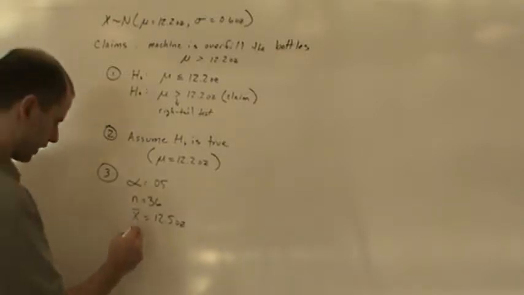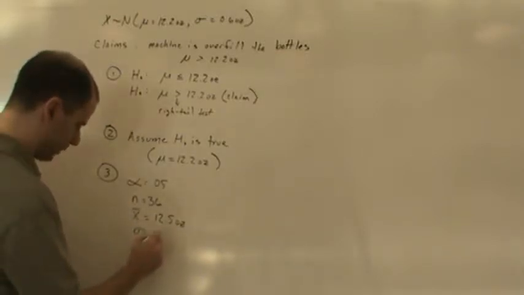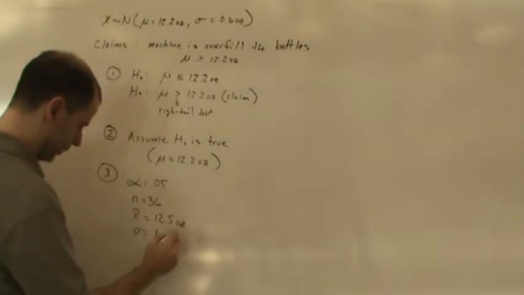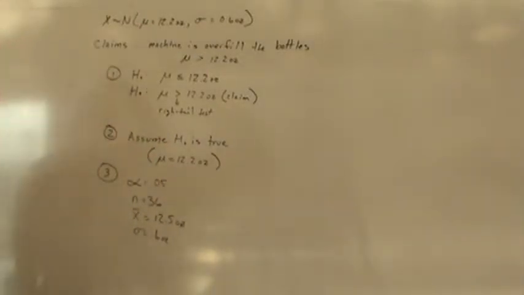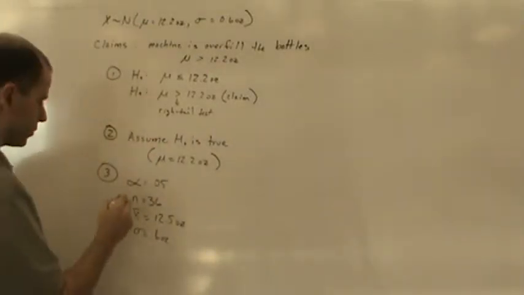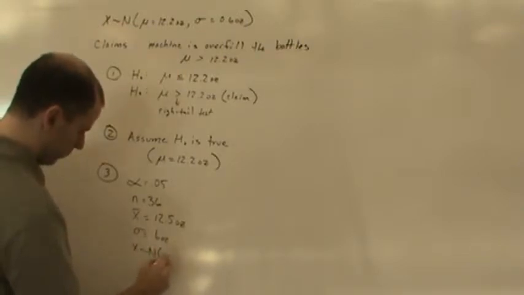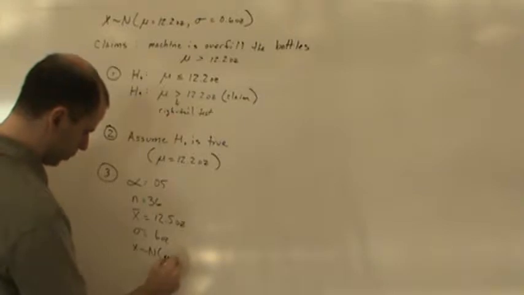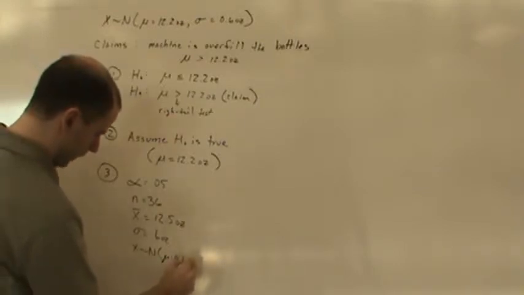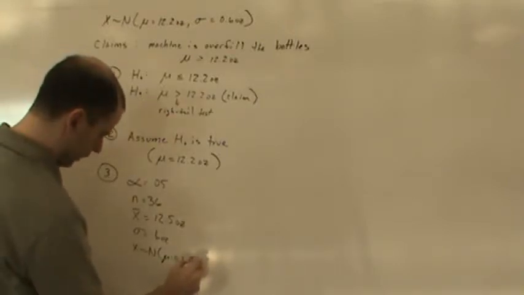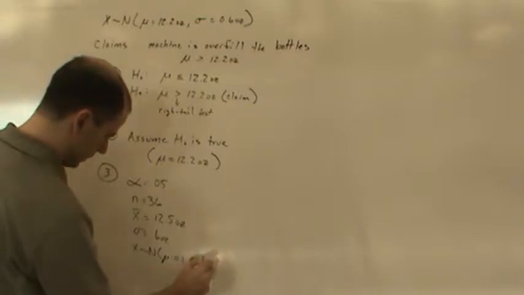Oh, by the way, we know sigma. So sigma is equal to 0.6 ounces. Okay, so this is all the information they give us. And we also know that x is normally distributed, with a mean equal to 12.2 and a standard deviation equal to 0.6 ounces.